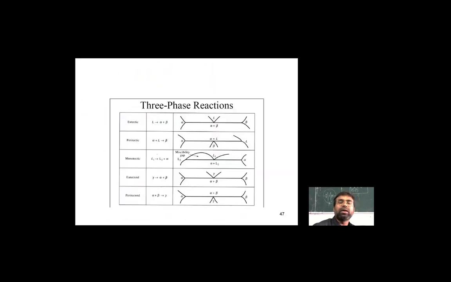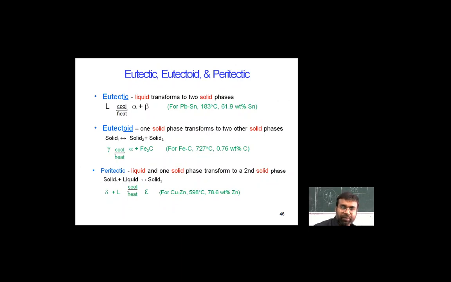So now we are talking about the eutectoid, as we discussed. In the eutectoid, there are two basic kinds, hypoeutectoid and hypereutectoid.